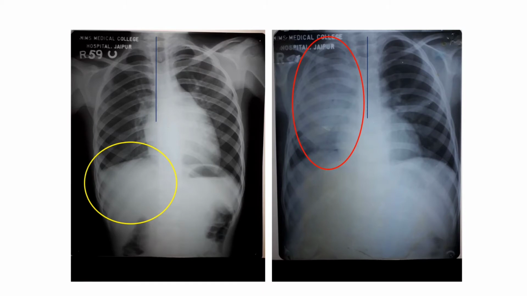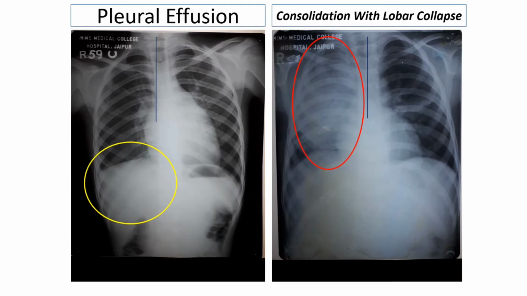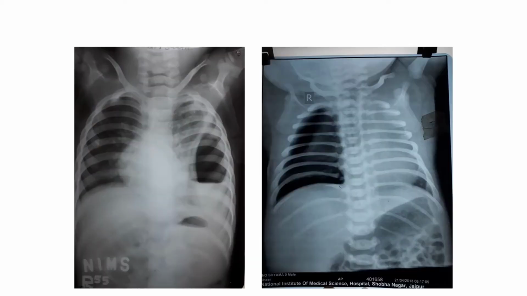As well as in this picture, there is a radio-opaque shadow in the medial and apical right apex of the lung, and the trachea is pulled. So guys, pushing of the trachea is due to pleural effusion, and pulling of the trachea is due to consolidation or lobar collapse, while there are radiopaque lesions on both sides.